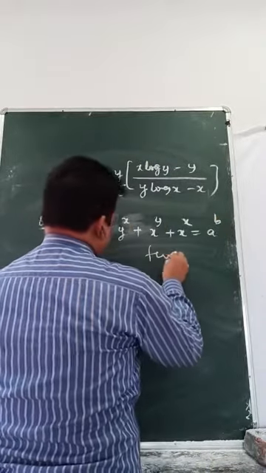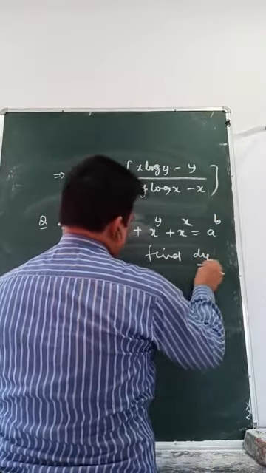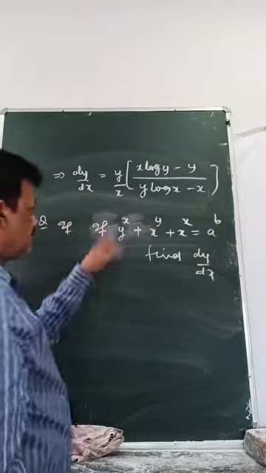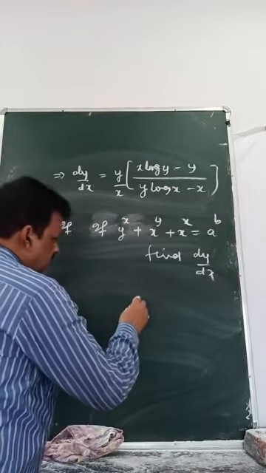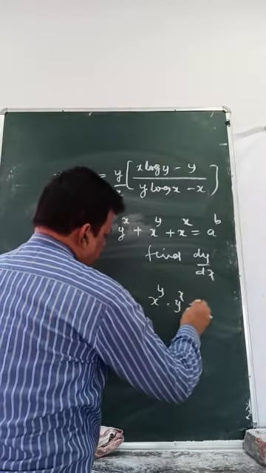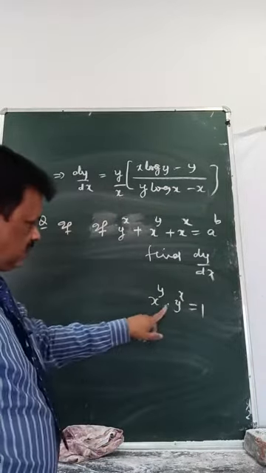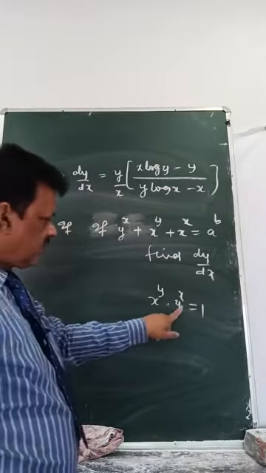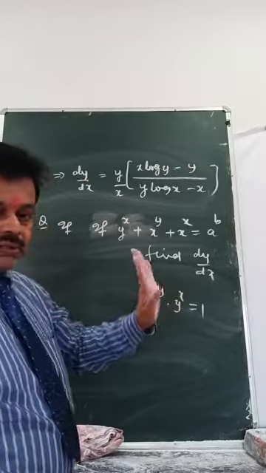Find dy by dx. In the previous question, suppose you find it in the form x to the power y into y to the power x, a product form, then if you take log, there is a formula: log a into b is log a plus log b.